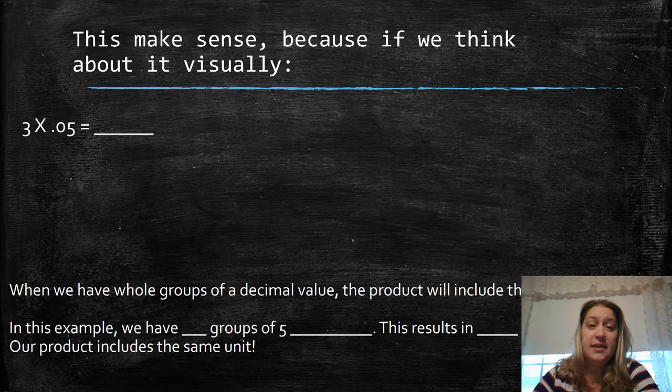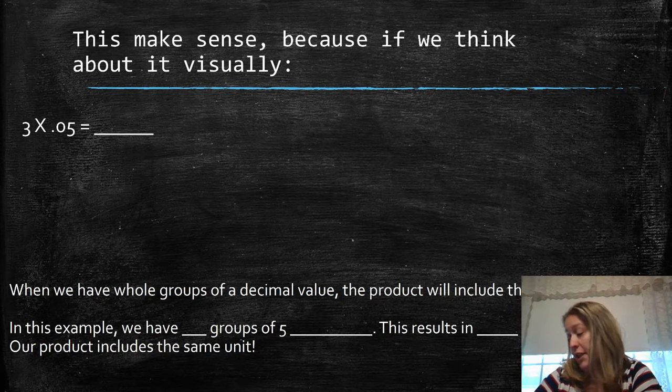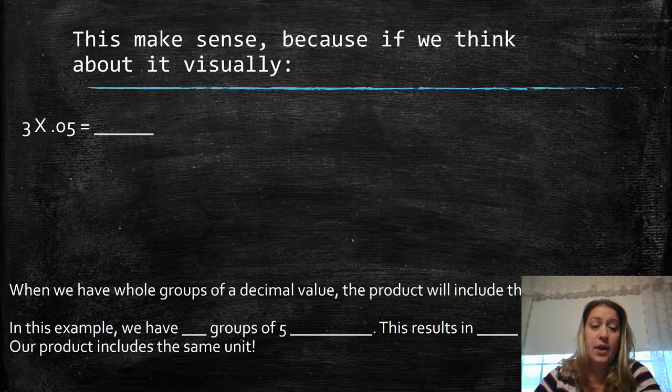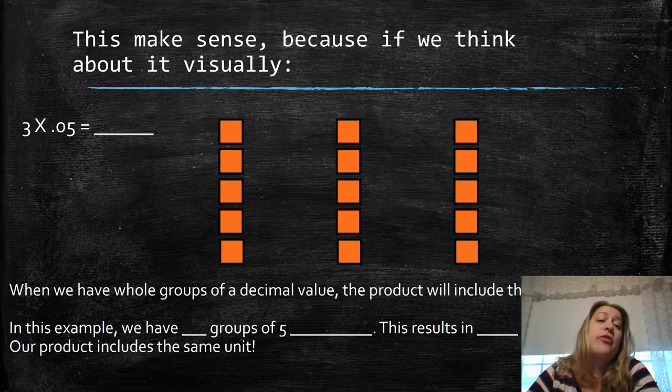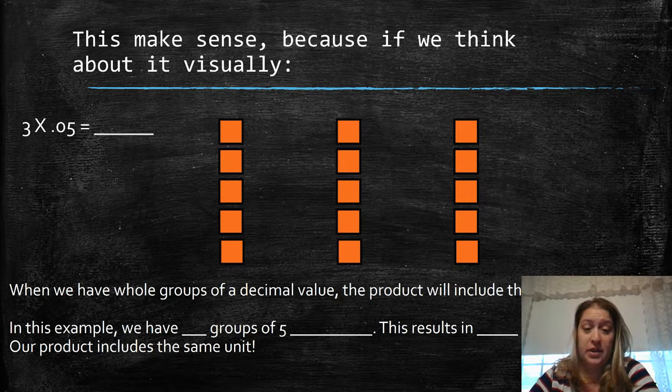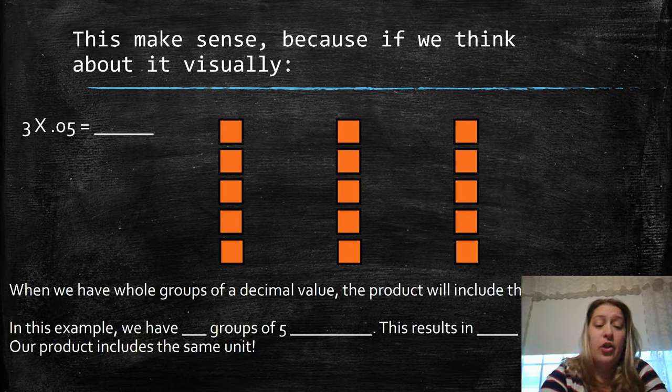So this makes sense because if we think about it visually, we have our three groups of 500ths. So when we have whole groups of a decimal value, the product will include the same unit. So in this example, we have three groups of 500ths.